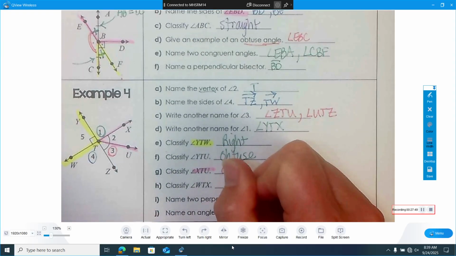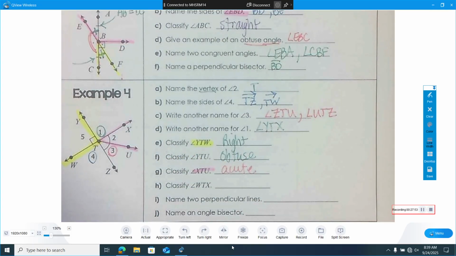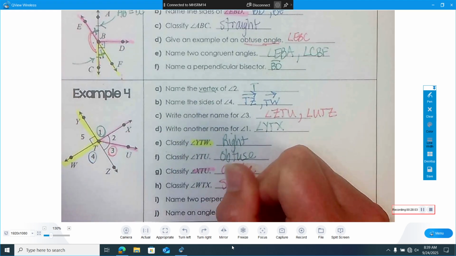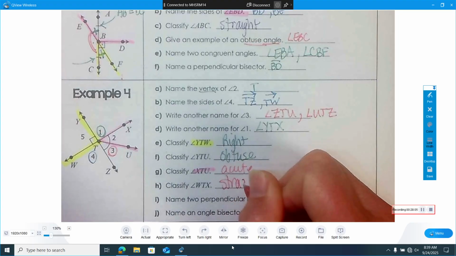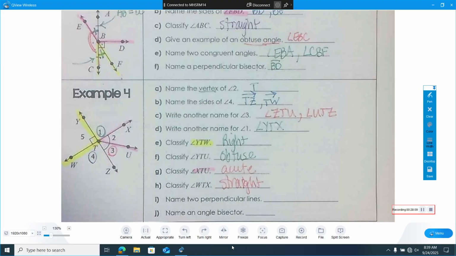It is an acute angle because it's a little skinny one. All right, and WTX, straight, yeah. WTX is a straight line, forming a straight angle. How many degrees are in a straight angle? 180.